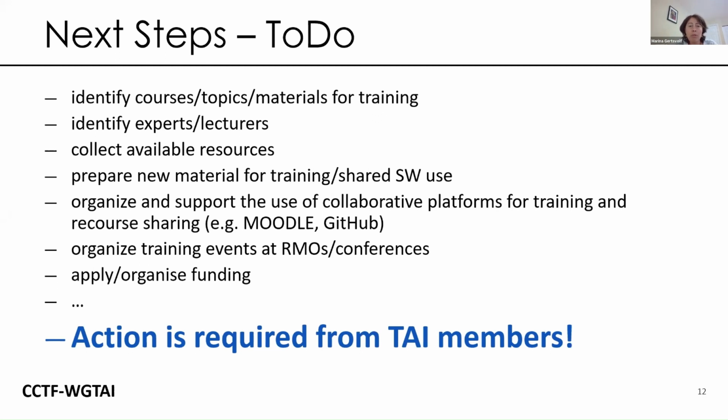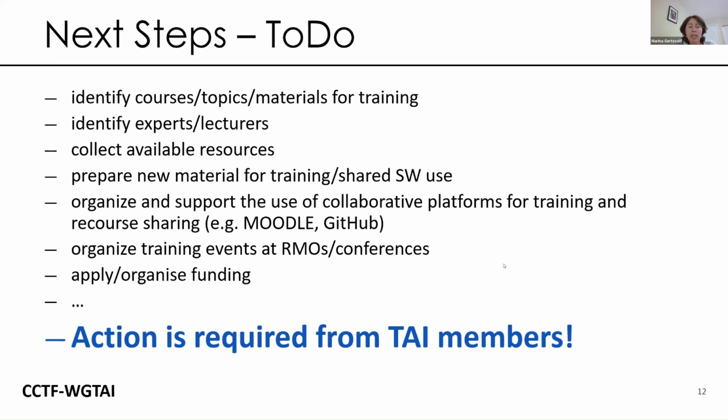Some of the points were already mentioned by Yuko, but we need to identify the courses, topics, and materials for training, identify experts and lecturers, collect available resources, prepare new materials for training, and share software to use, organize and support the collaborative platforms for training and resource sharing. There are different ones. Organize training events at regional metrology organization technical committee meetings and at conferences.